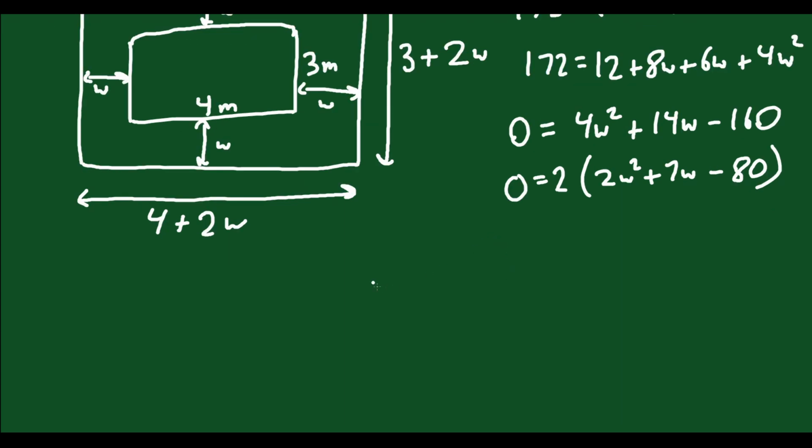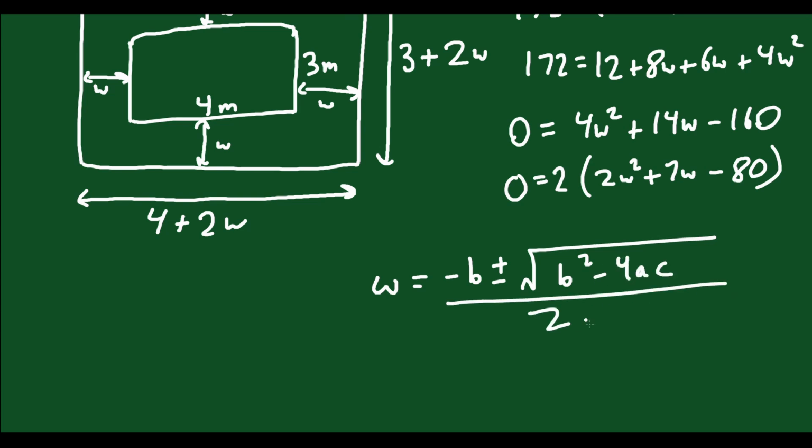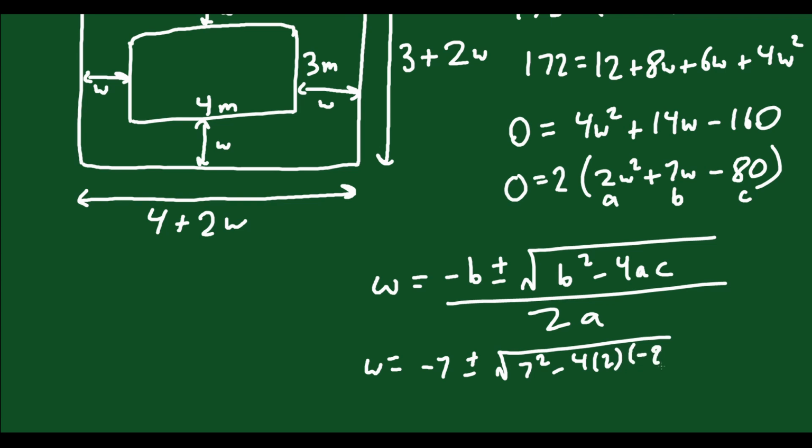So the quadratic formula says that x, or in this case W, is equal to negative b plus or minus the square root of b squared minus 4ac, all over 2a. Well, your a is 2, your b is 7, and your c is negative 80. So W is equal to -7 plus or minus the square root of 7 squared minus 4 times a, which is 2, times c, which is -80, all over 2 times a, which is 2 times 2.